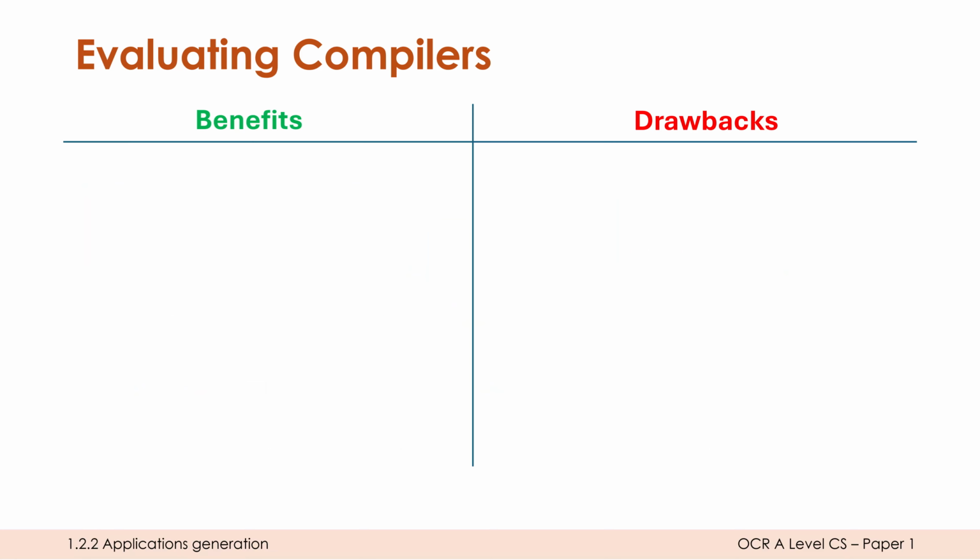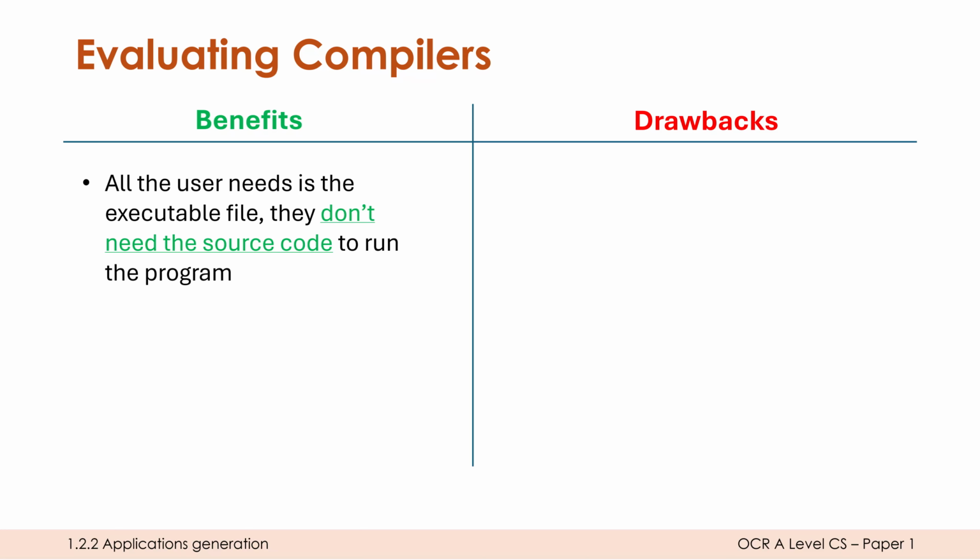Which leads us into evaluating these 2 translators, because you do sometimes have a choice between a compiler and an interpreter, and certainly you've got a choice between using a compiled language or an interpreted language. So the benefits of compilers are that we are able to keep it closed source, because all the user needs is the executable. They don't need the source code to run the program.